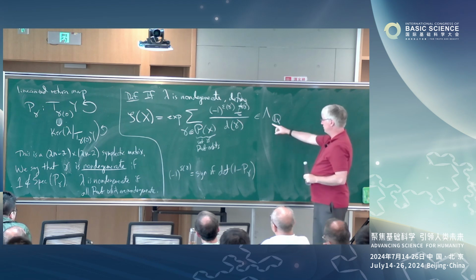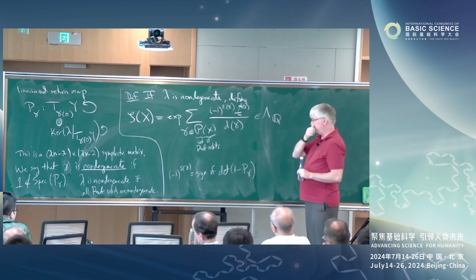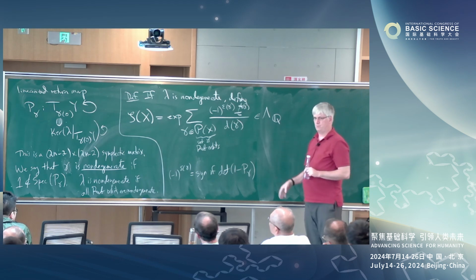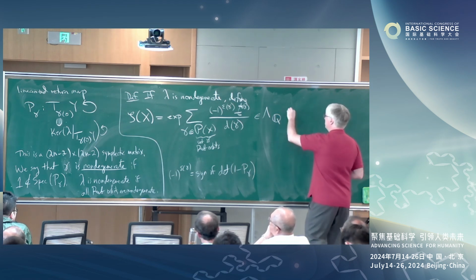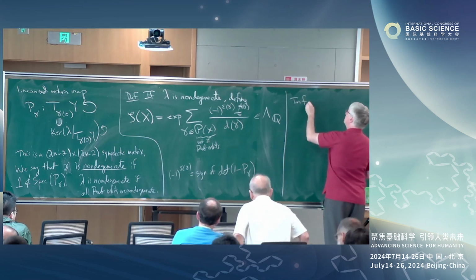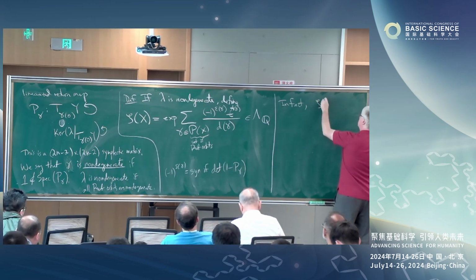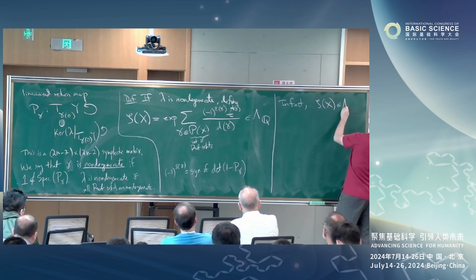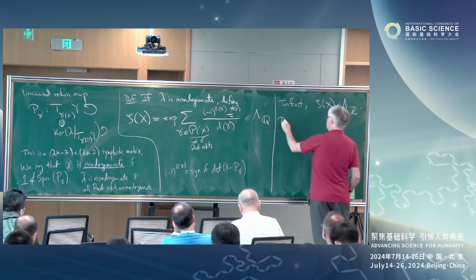So this is the ring of formal power series where the exponents are real numbers, the coefficients are rational, and you only have finitely many terms with exponent below any given upper bound. Okay, so that's a weird formula. In fact, although it's not immediately apparent from this formula, zeta of X is an element of the Novikov ring with integer coefficients. And the reason why this is true is there's a product formula.